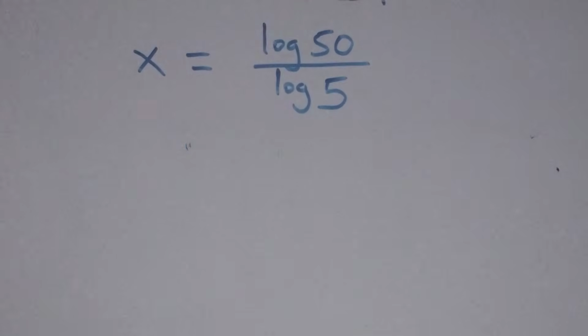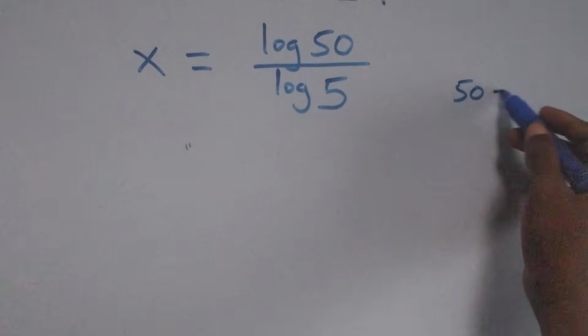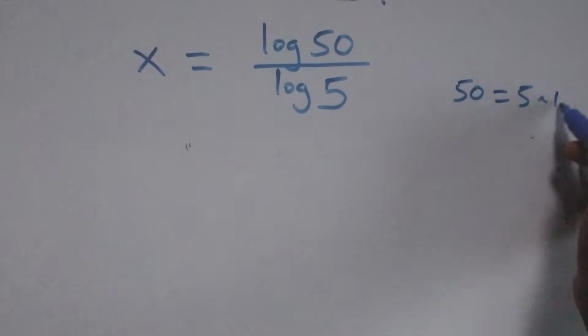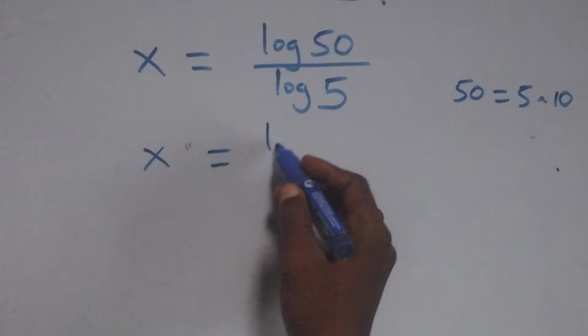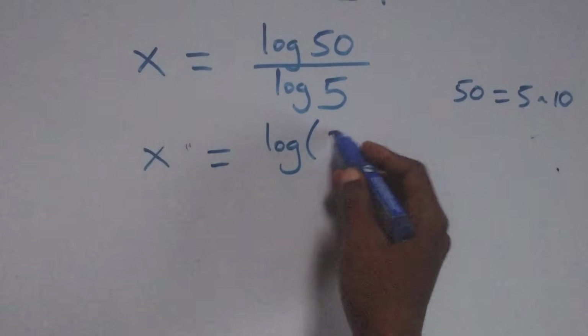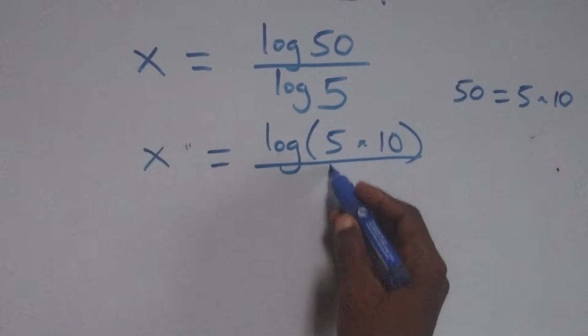Then let's write 50 as 5 times 10. Then we have x equals log 5 times 10 over log 5.